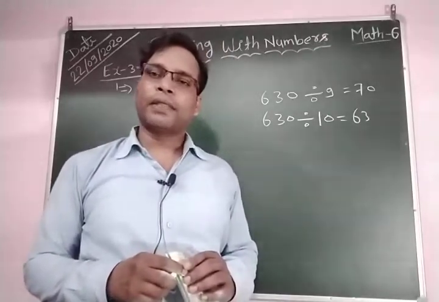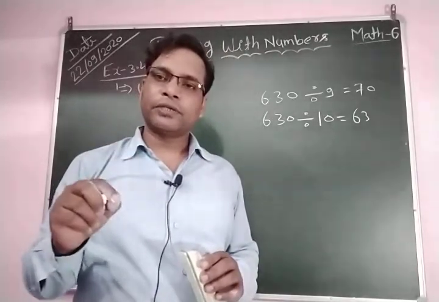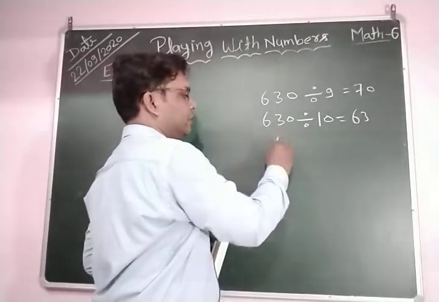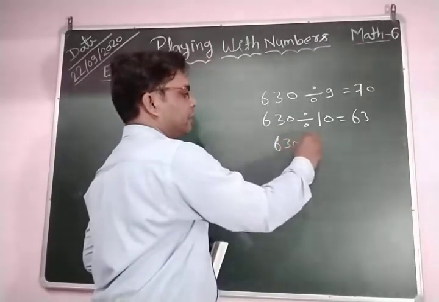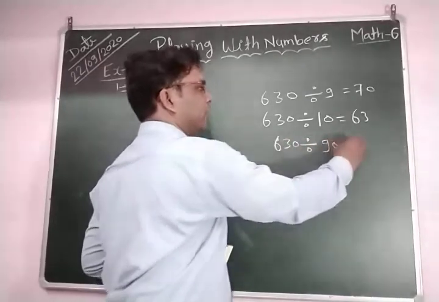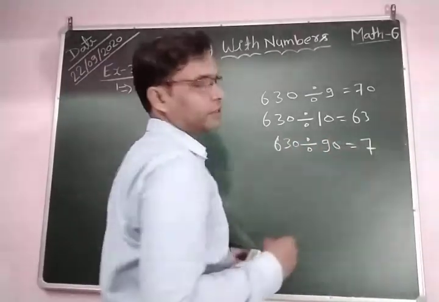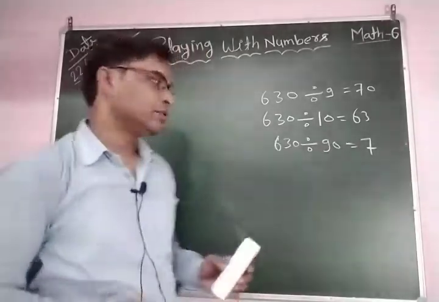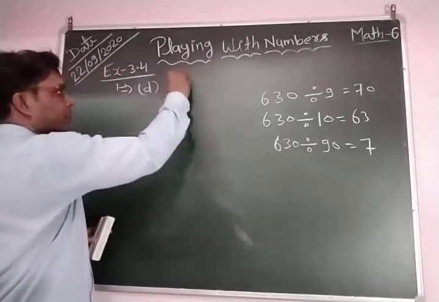Again, according to our statement, if a number is divisible by 9 and 10 both, then it must be divisible by 90. So you can see here 630 is divisible by 90. How many times? 7 times. So it means that the given statement is true.